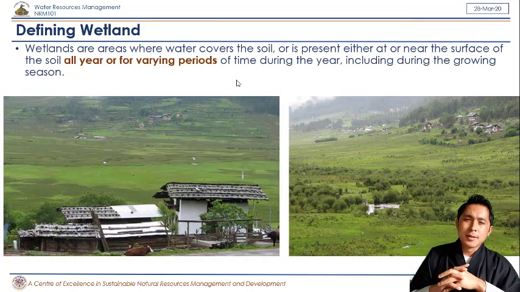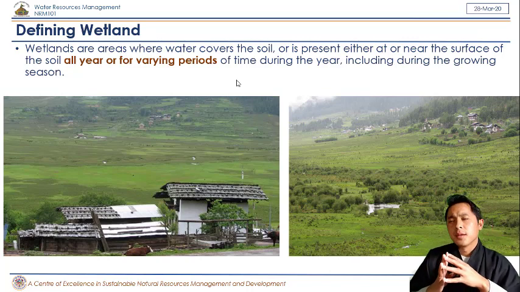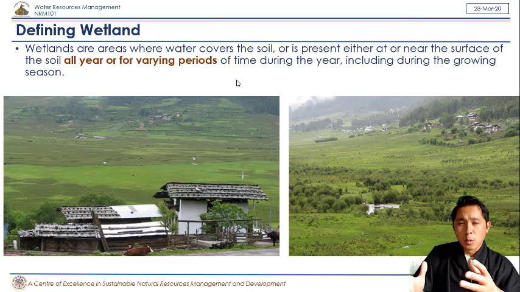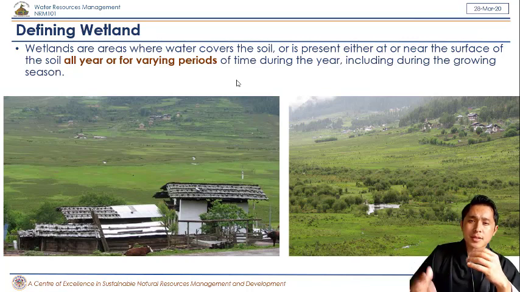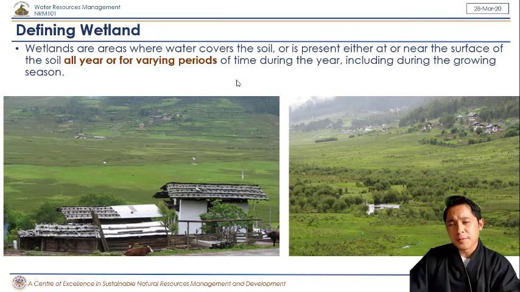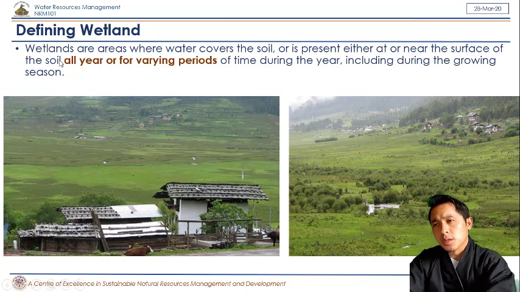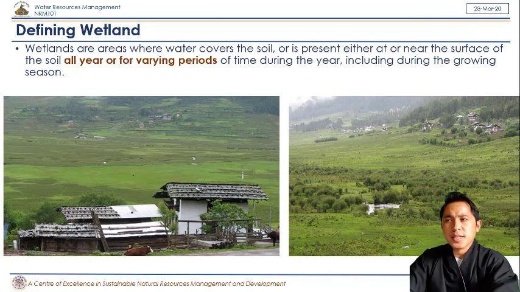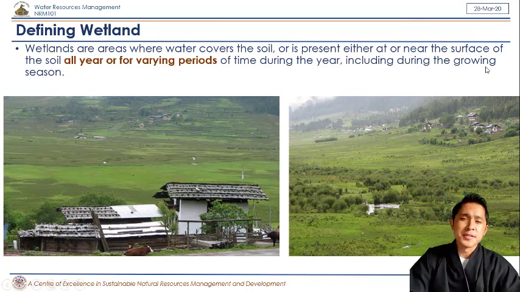Again, another way to define wetland is an area where the soil is covered by water throughout the year, or where water covers it only for a part of the year or for varying periods in a year, including during the growing season.